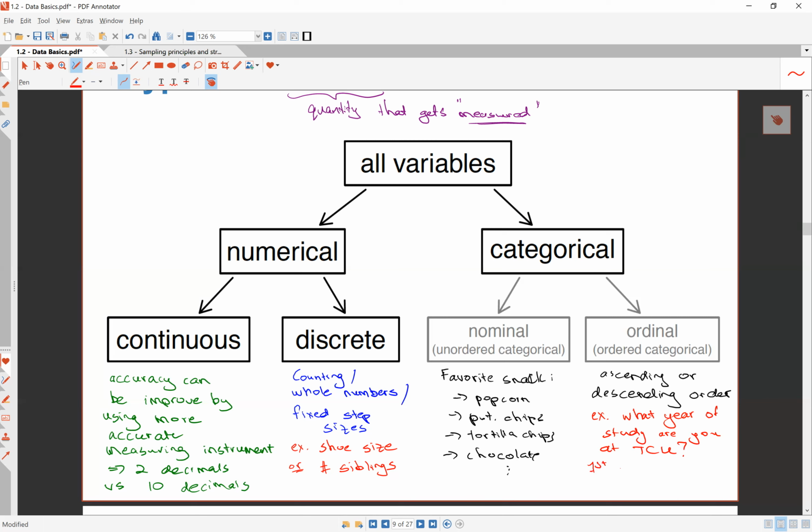And you could say, I'm a first year, or I'm a sophomore, or I'm a junior, or a senior, right? Those are categories, but there's a natural ordering. We all understand intuitively in what way we would line them up, either from first year to senior, or we might start senior and going down to first year. And we could even add graduate student to this because that works with the natural ordering as well.